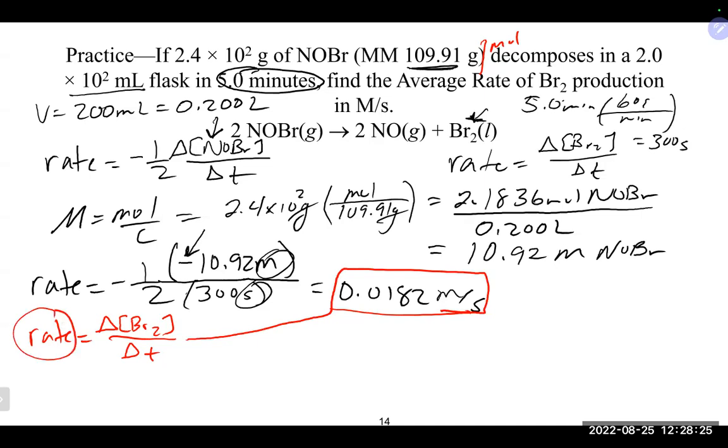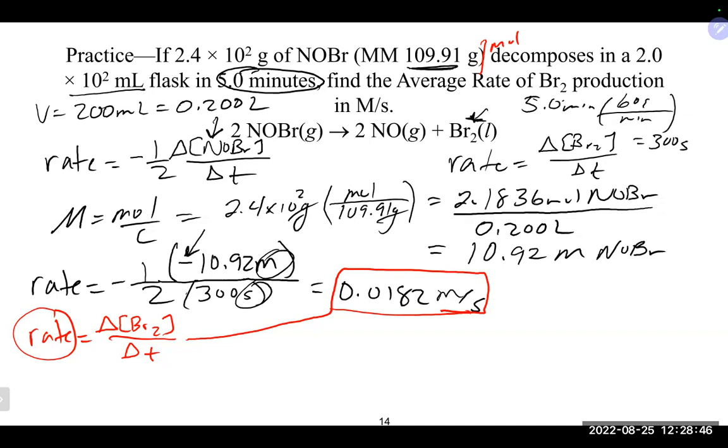So it's basically the same number. Our Br2 over time is actually increasing at the exact same rate as the average rate for the overall reaction. And every second it is gaining 0.0182 molarity.